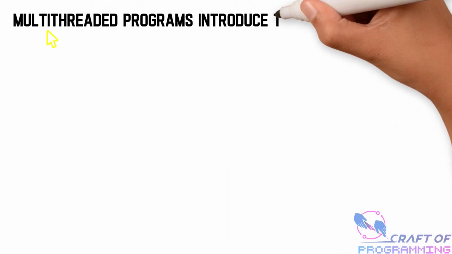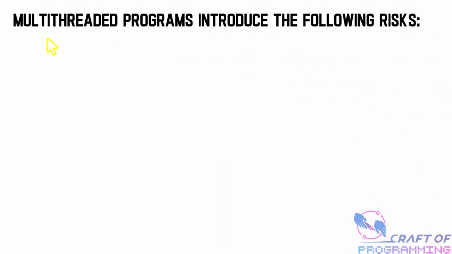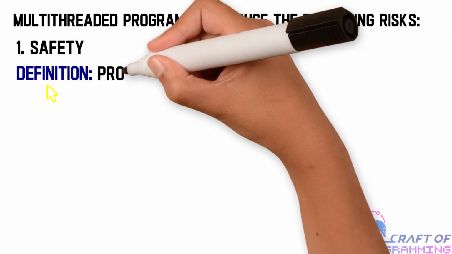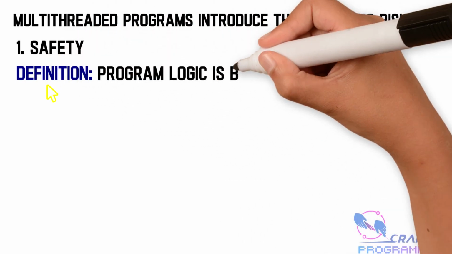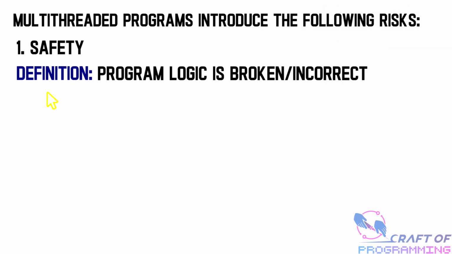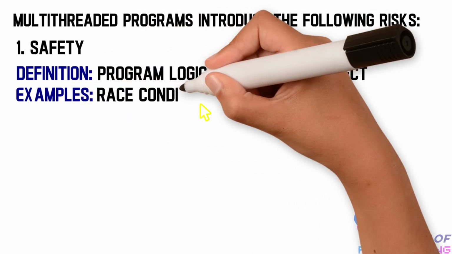Multi-threaded programs also introduce the following risks. Safety risks are risks that may break the program logic, so the program does not behave as it is supposed to behave. Examples of safety risks are race conditions and data corruption.